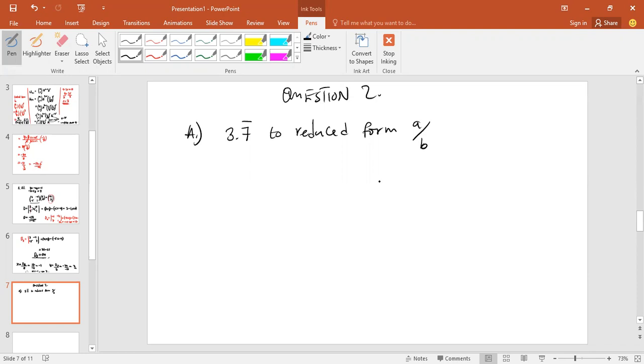So we are using sum of infinity to geometric series. So take note, we are using.